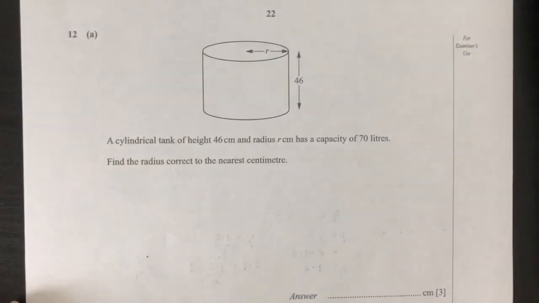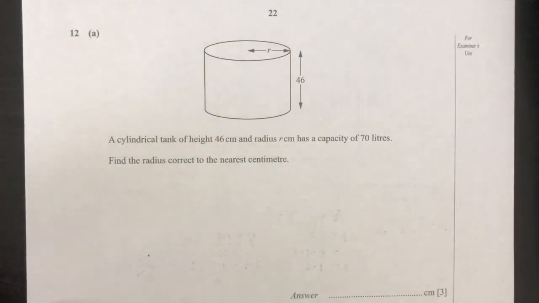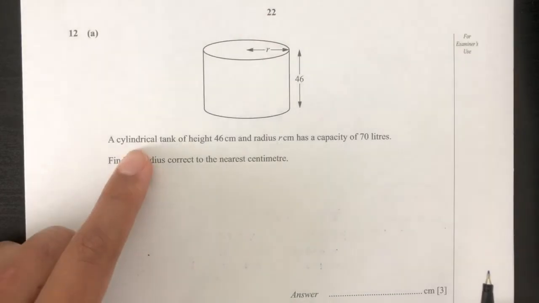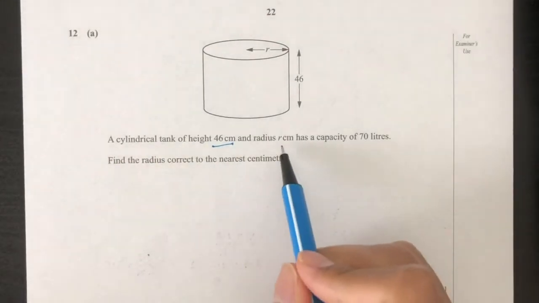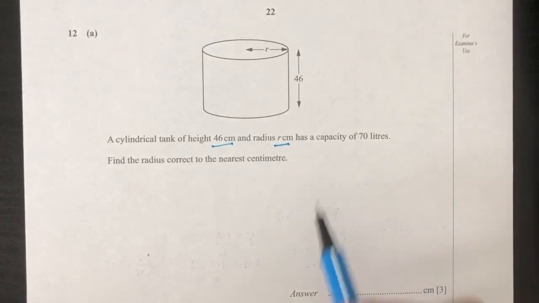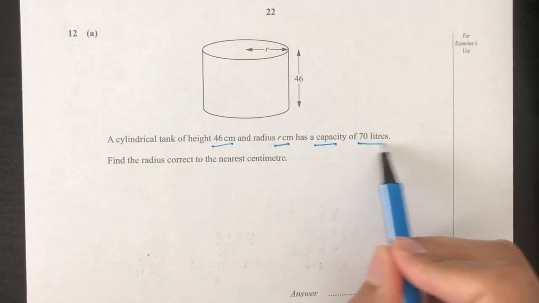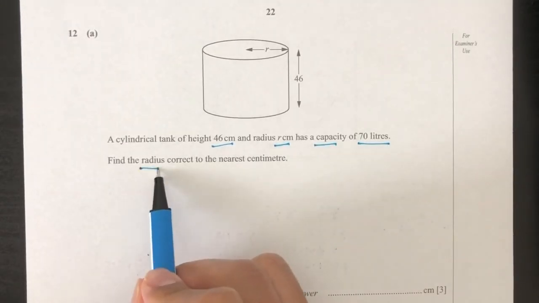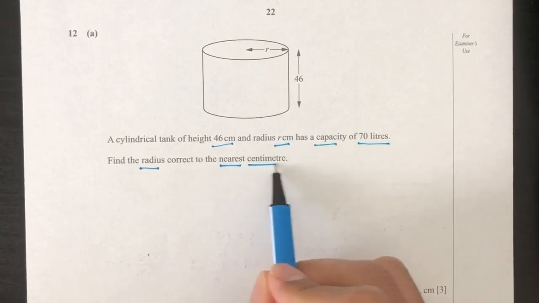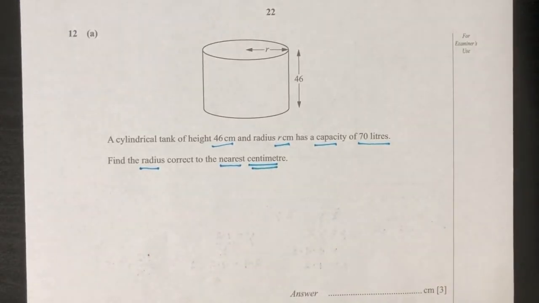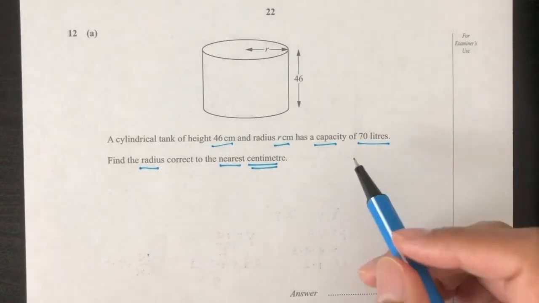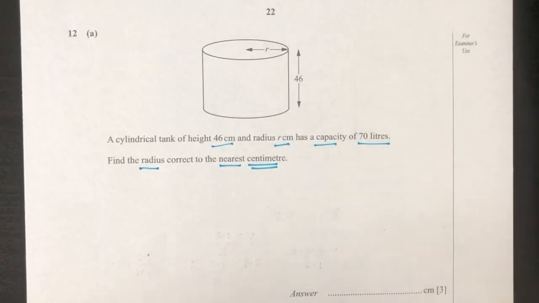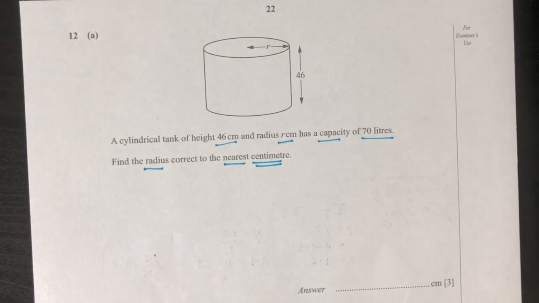Okay, so let's move on to question number 12. Part A. We have a cylindrical tank of height 46 centimeters and radius r centimeters, and the capacity is 70 liters. Find the radius correct to the nearest centimeter. So the next step is to convert liters into these units.